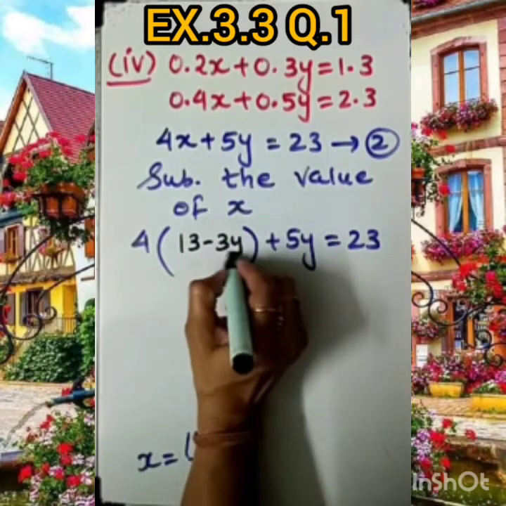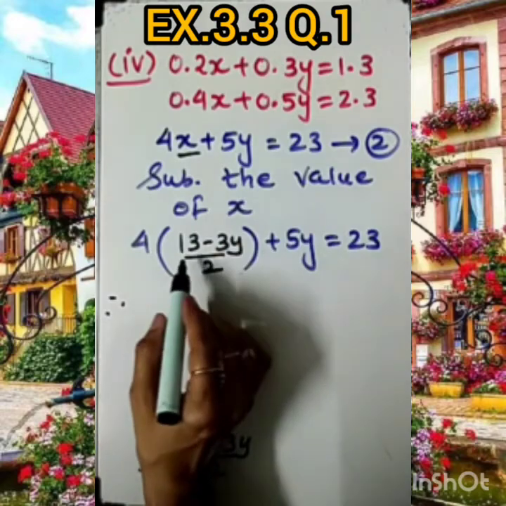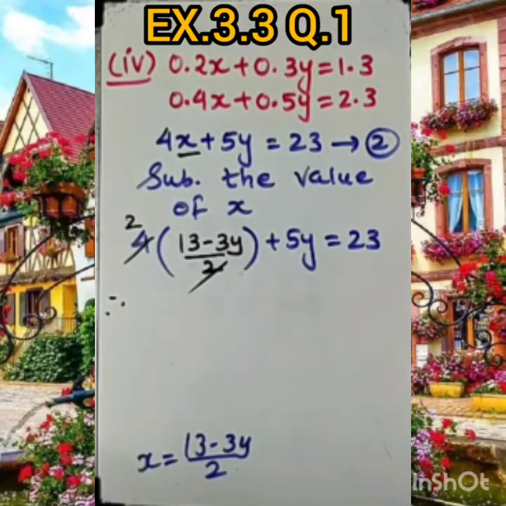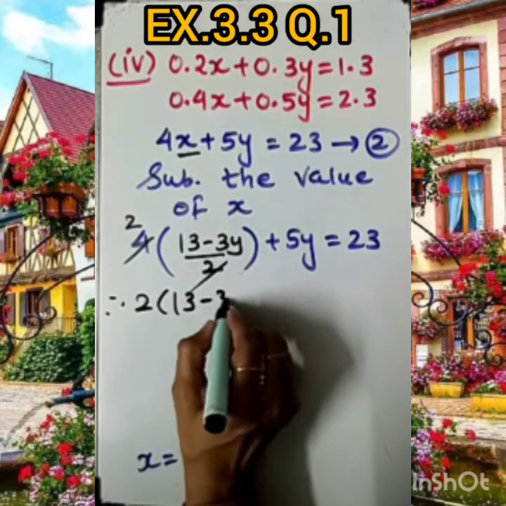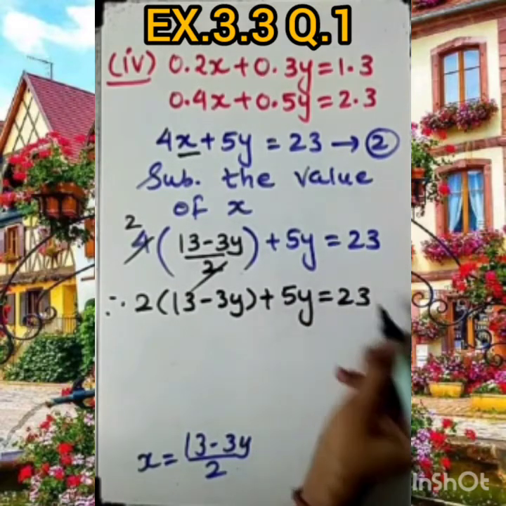This value I insert here in place of x. So how to simplify? As we know, 2 will be cancelled with this, so 2 will remain outside. 2 into 4, so 2 bracket 13 minus 3y plus 5y equal to 23.